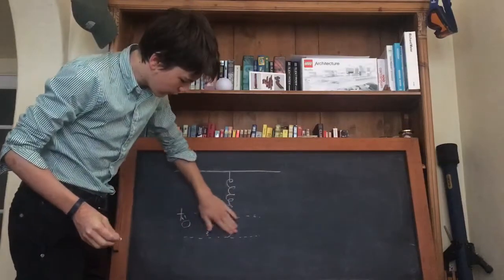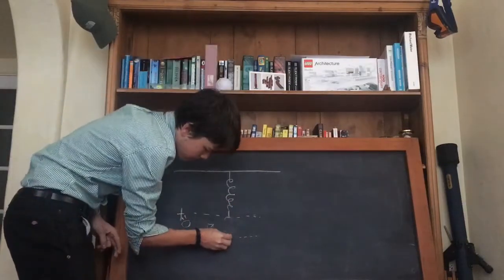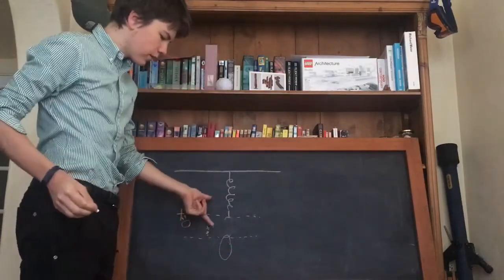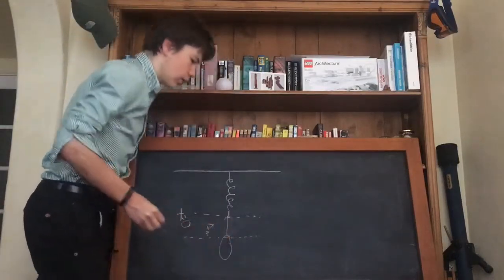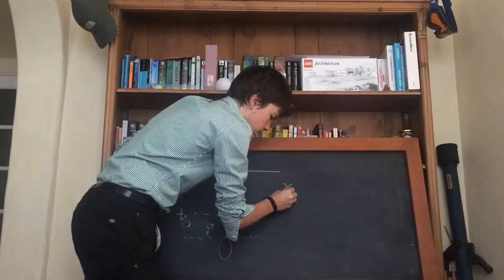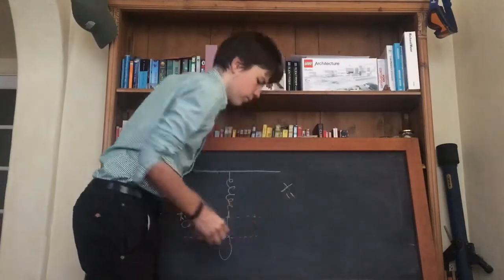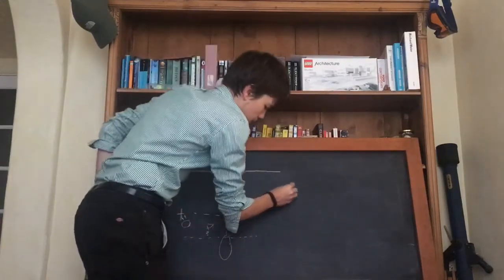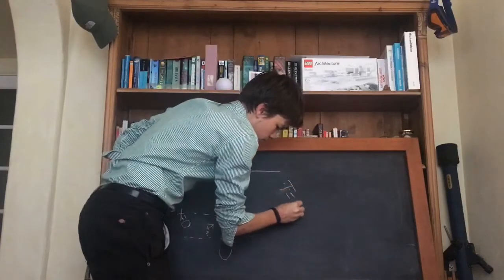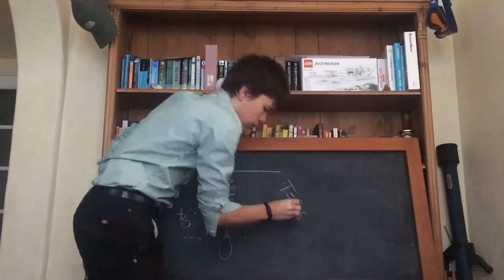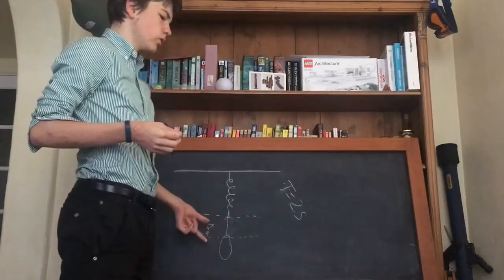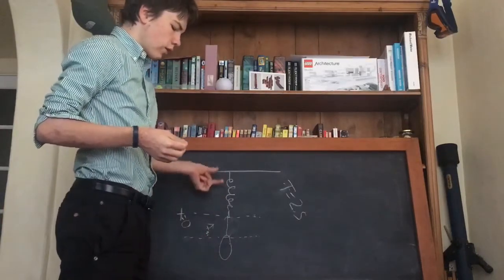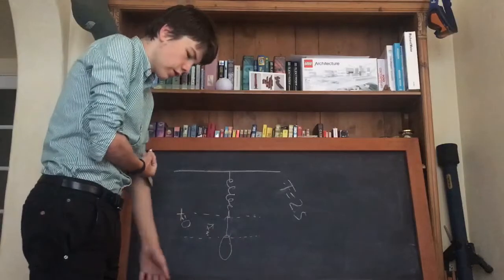This is dragged down to here, so it's 15 centimeters away. It also has a period of 2 seconds. So it takes 2 seconds to get from its original position back to its original position.